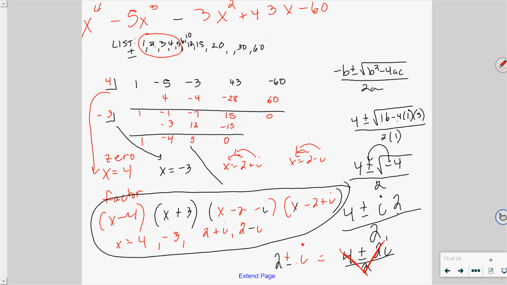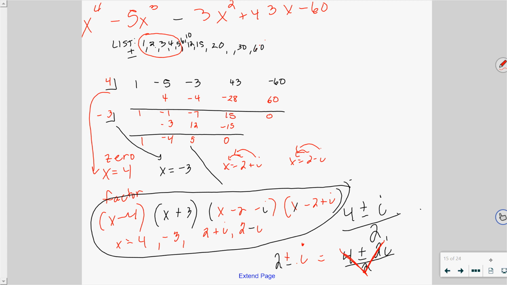Can you graph it? All right, so if we graph it, leading coefficient right up, degree even left up, y-intercept -60, zeros, the only ones I can put on here are 4 and -3. You can't put the i's on your picture. So you can draw it 2 ways for me.